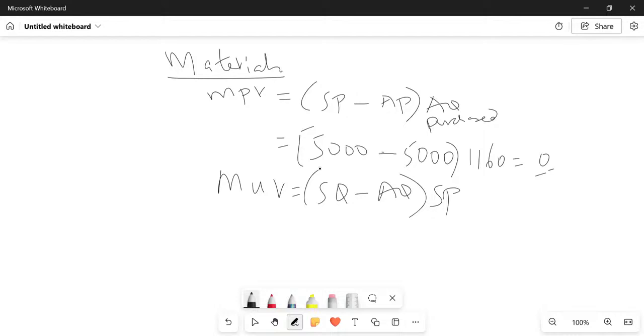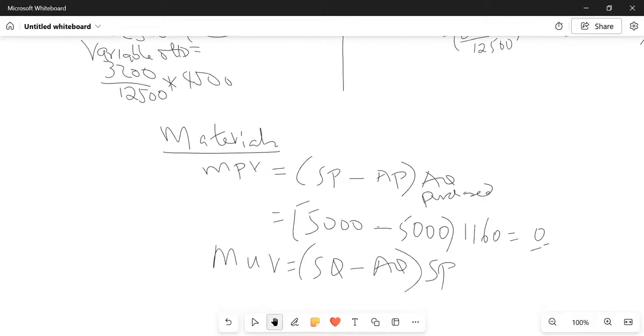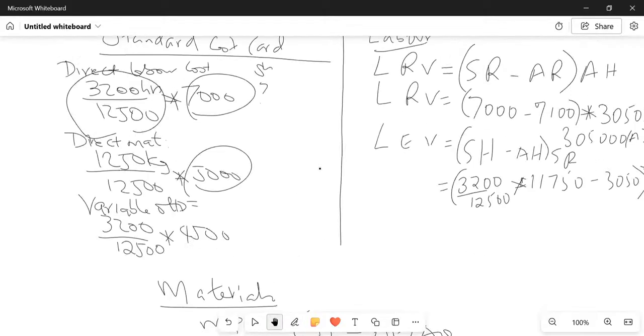The formula takes standard quantity per unit times actual production. So standard quantity, we already have this.